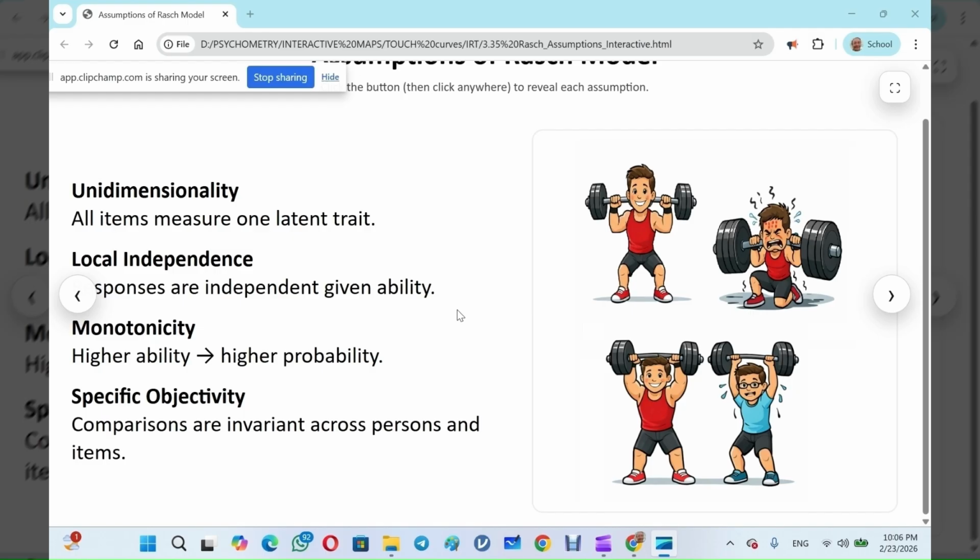So all items in the test measure one latent trait. There is local independence, and there's monotonicity, and there is specific objectivity, which means that the item's difficulty is invariant across abilities, and the person's ability is invariant across item difficulties. So there is item and person invariance.